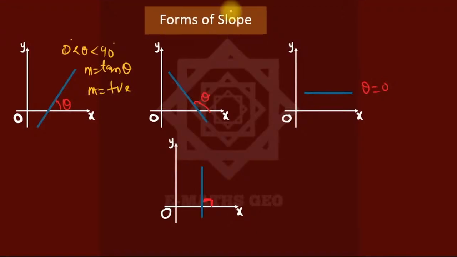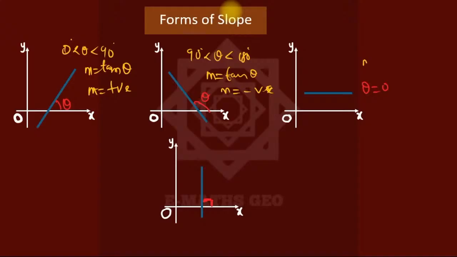For the second line, the angle will be between 90 and 180. Since the slope is always the tan of the angle, in this second quadrant tan is negative, so the slope is negative.